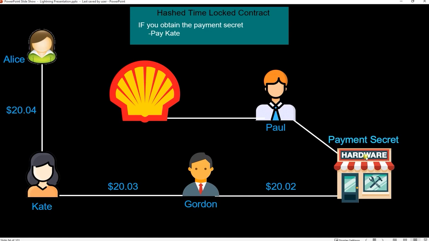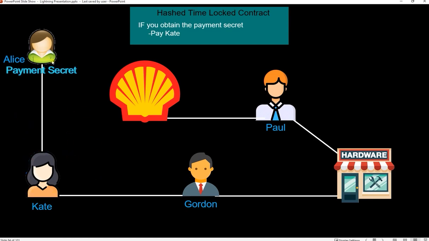So the hardware store is like, oh, shoot, okay, well, now I'm going to get paid. So he goes ahead and collects his $20.02. Gordon collects his $20.03. Again, everyone's netting a penny, because he paid out $20.02 to the hardware store, and Kate paid him $20.03. And then Kate, she nets her penny. She gives the payment secret to Alice, and she gets paid by Alice.